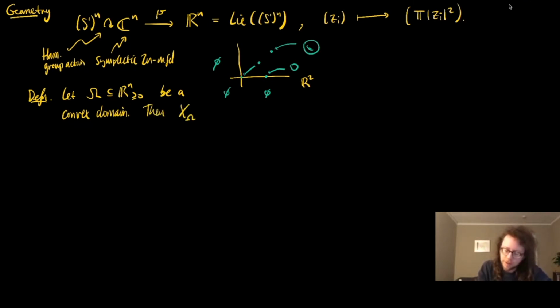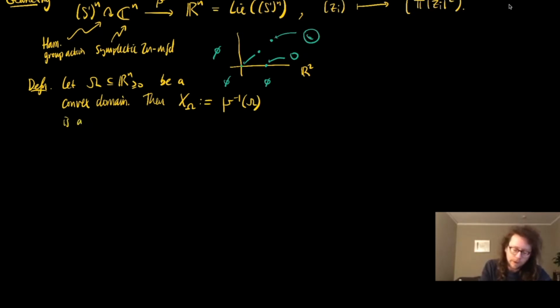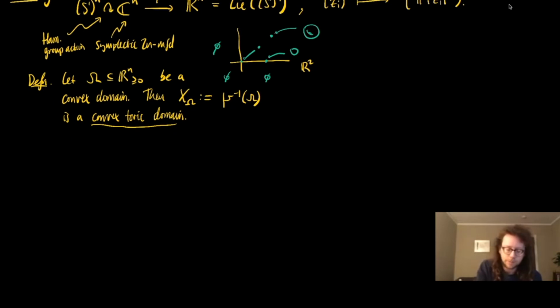Then X_omega, which is defined to be the pre-image of omega under the moment map, is a convex toric domain. Convex toric domains are toric symplectic manifolds.